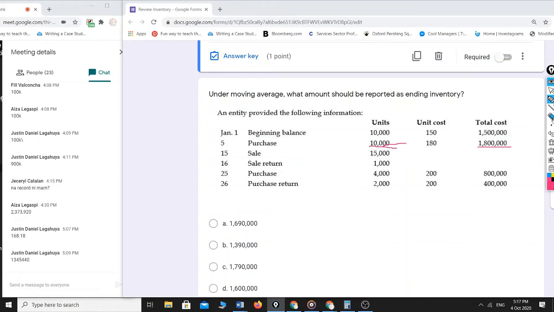So how many units are available as of January 5? As of January 5, we have 20,000 available units. For these 20,000, the total cost is 3.3 million. So as of January 5, our average cost is 3.3 million divided by 20,000. Therefore, the average cost as of January 5 is 165.